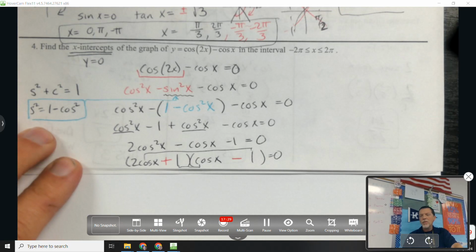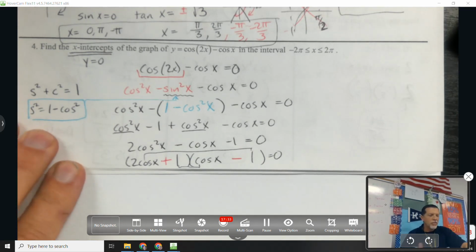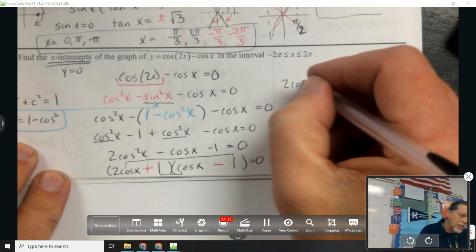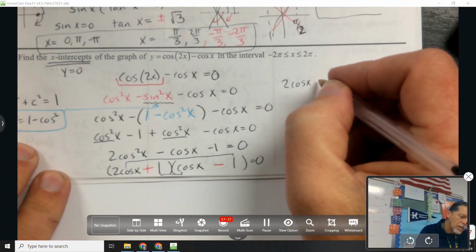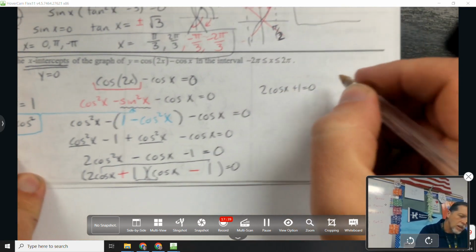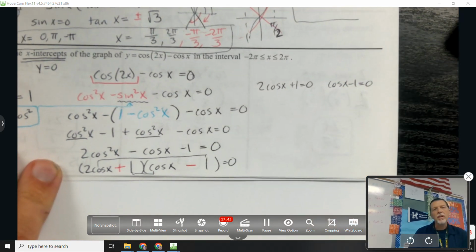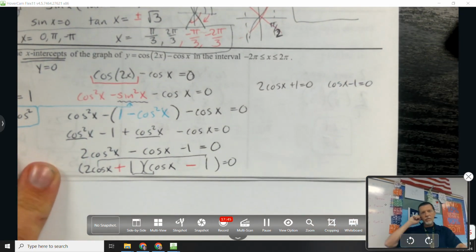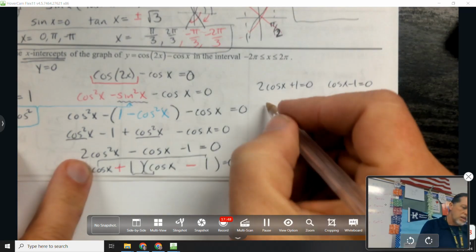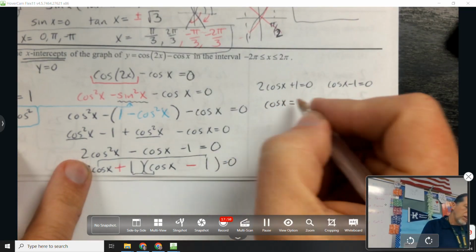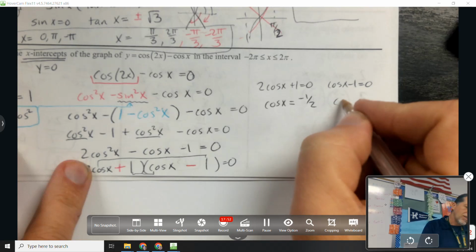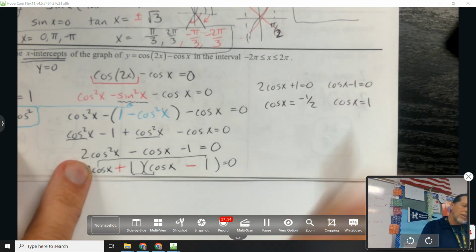And then this is the point of factoring. You take one hard equation that you can't solve, and you turn it into 2 easy equations that hopefully you can solve. Now, there's a step I probably could have skipped, but set each factor equal to 0. Cosine of x equals negative 1/2. Cosine of x equals 1.